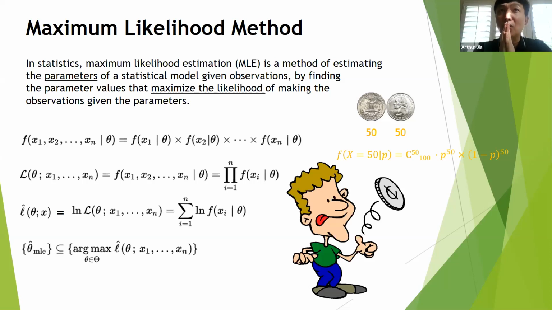However, we know nothing about this parameter. It is unknown, so we want to do some experiment so we can estimate that parameter, right? So this is what we want to do.